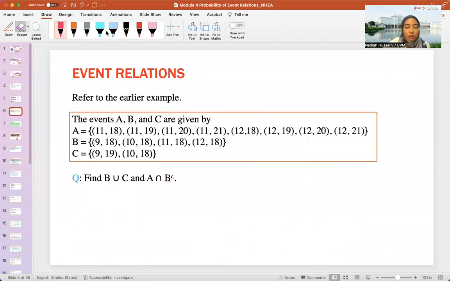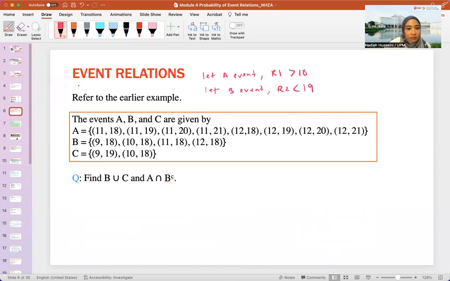Now we have an actual example that I've prepared earlier, which will make more sense. Refer to the earlier example about the resistors in two boxes. The events A, B, C are given by, we already know this. Event A was that the first resistor R1 must be greater than 10, and event B, the second resistor must be less than 19.